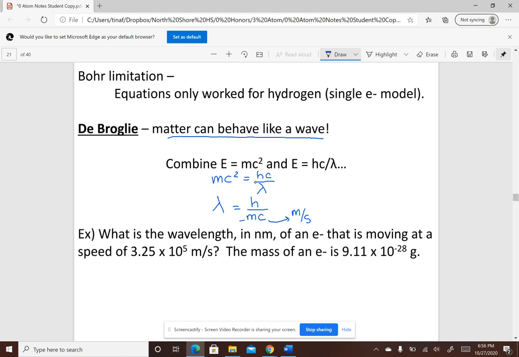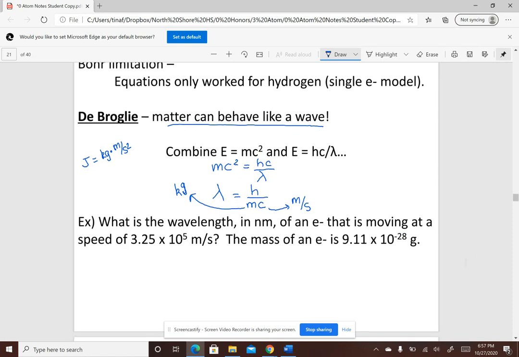M is mass, and the mass has to be in kilograms. Sorry guys, kilograms. And the reason why, if we look at the unit joule, which is the unit for energy, that's kilograms times meters per second squared. So in this equation, when we're making sure that all of our units are canceling out, the mass has to be in kilograms. So that's another conversion you might have to make.